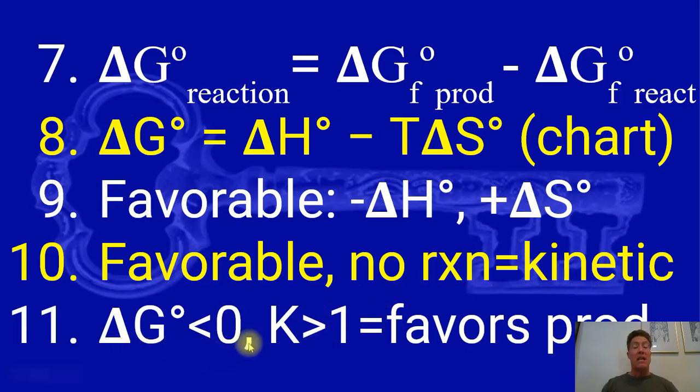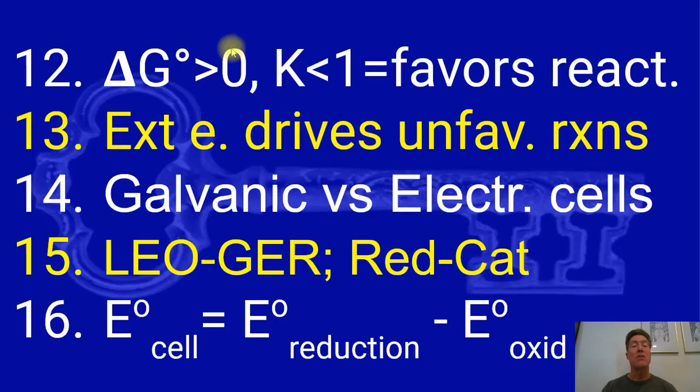When delta G is less than 0, that's thermodynamically favorable, then K will be greater than 1, which means the reaction will favor products. Delta G is greater than 0, which means non-spontaneous, then the K value will be less than 1, which means the reaction will favor reactants.